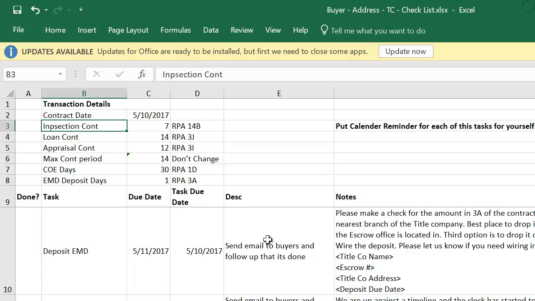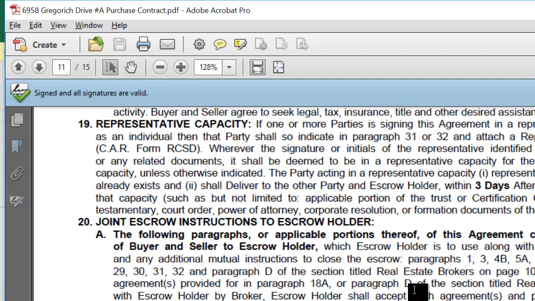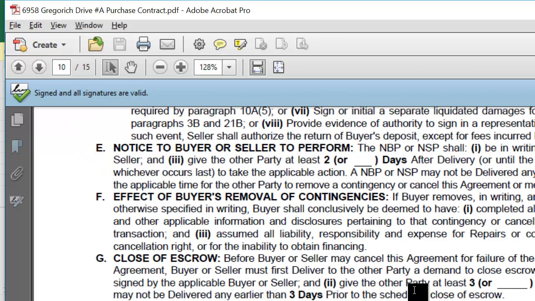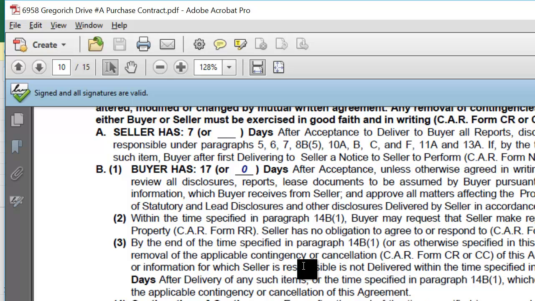The second date is how many days of inspection contingencies there are. The way to find that is we go back to that same document, RPA, section 14B. In 14B, you will see buyer has 17 days or 0 days.